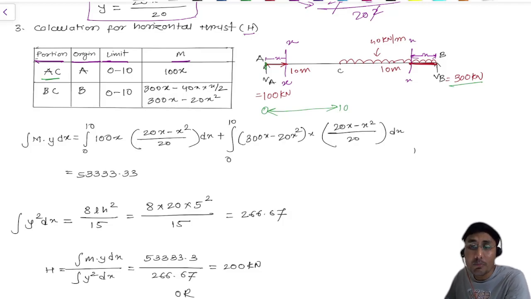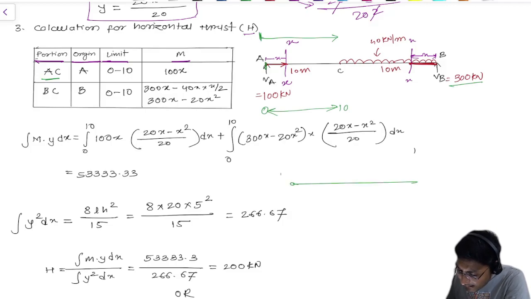Now we need to take the moment. Your starting point is this and you are proceeding up to this point, so you should take moment from A. For example, this is the A value, this is the X distance, and this is the X section.